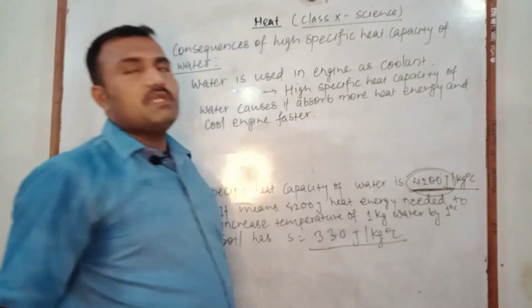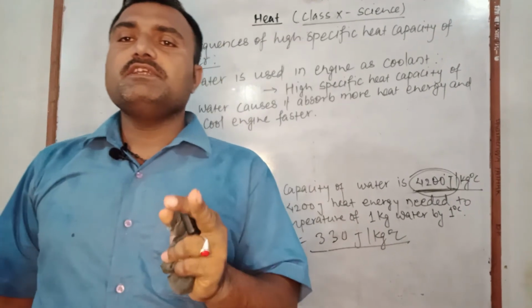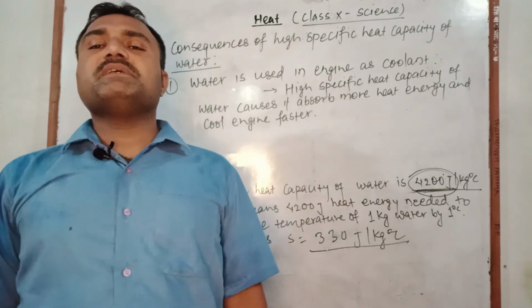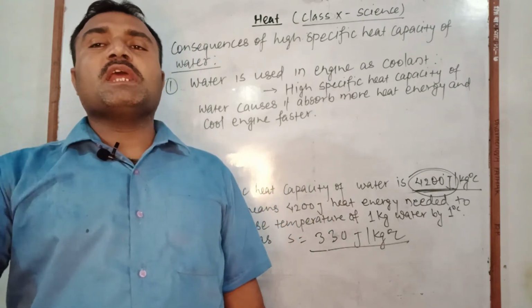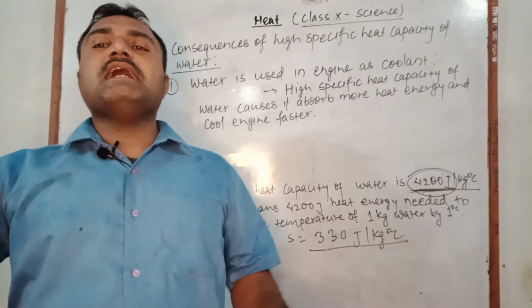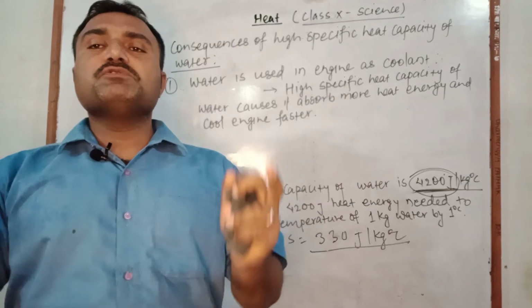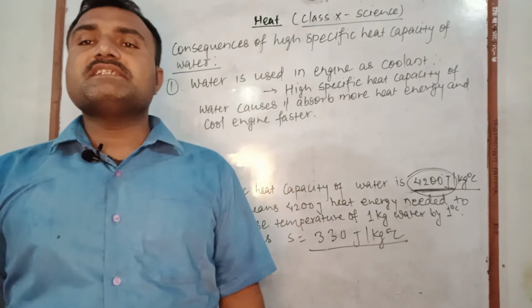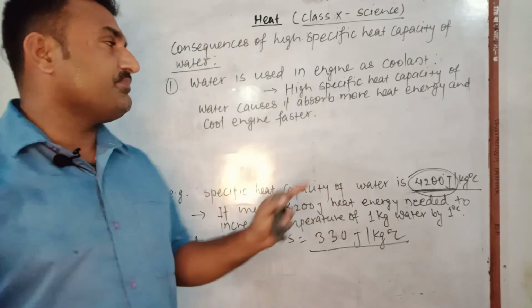What happens when we replace water used in the engine by oil? Oil has a lower specific heat capacity, therefore oil can't cool the engine properly, and after some time the heat energy produced in the engine due to friction increases and it may get seized or blast.